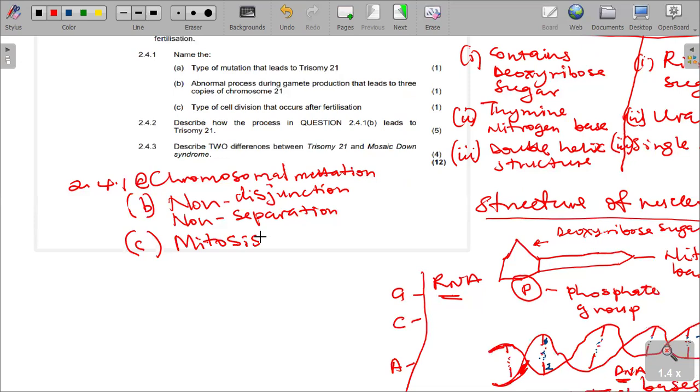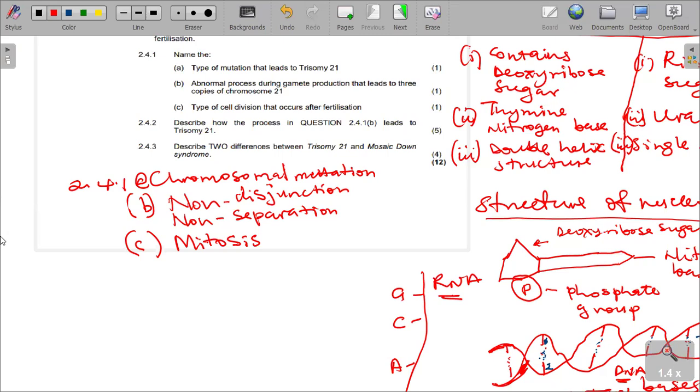After fertilization, a zygote is formed, which would further divide and multiply, developing into an embryo and fetus until a baby is born. So the process of growth that takes place after fertilization is mitosis. Just take note of that. Meiosis happens to form the gametes. When the gametes have been fertilized, the zygote grows by mitosis. That's one key thing that we need to understand.